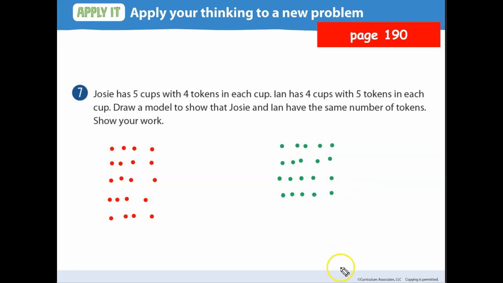Like that. So then here I have 4 times 5, but here I have 5 times 4, which equals 20.